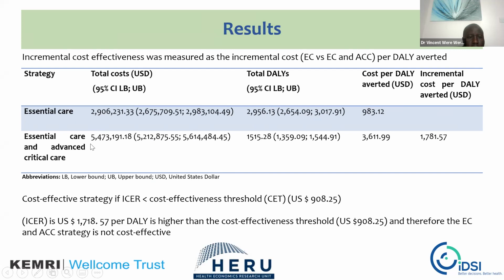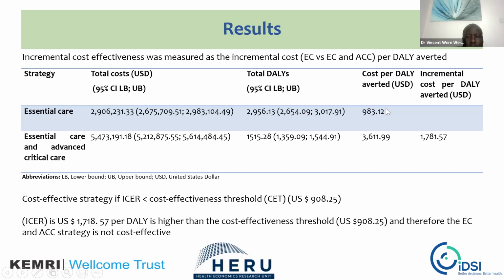So you can see it is more expensive to provide ICU care, but ICU care results in lower DALYs. It results in lower deaths, if I may use that term. So it means that if you were to go for this approach, you will spend more, but you'll have better gain.